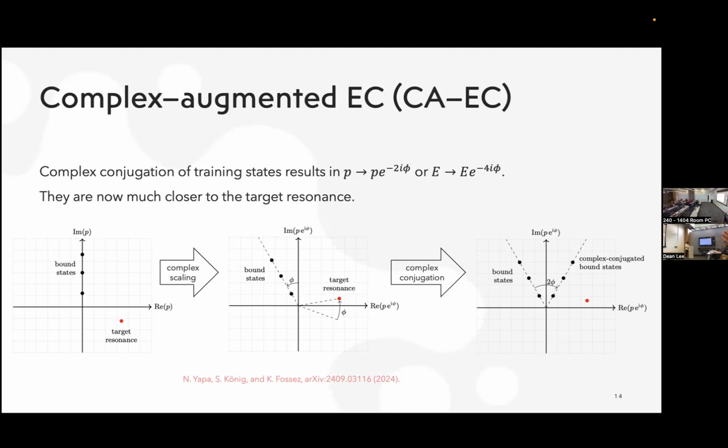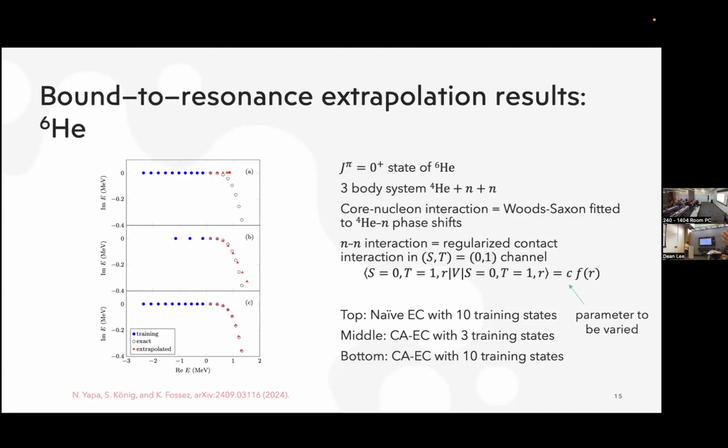Okay, so we have done some calculations using this technique. If you look at helium-6, we're solving for the 0+ state. We're just modeling it as a 3-body system with an alpha core and two neutrons, with a simple Woods-Saxon potential, and then we tune the interaction between the two neutrons in this channel.